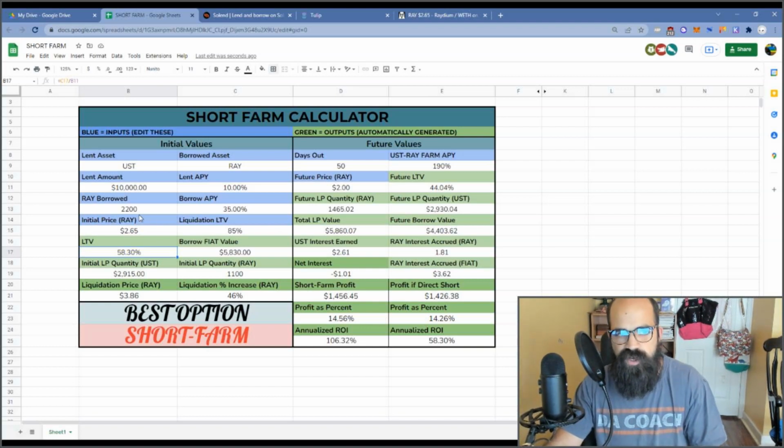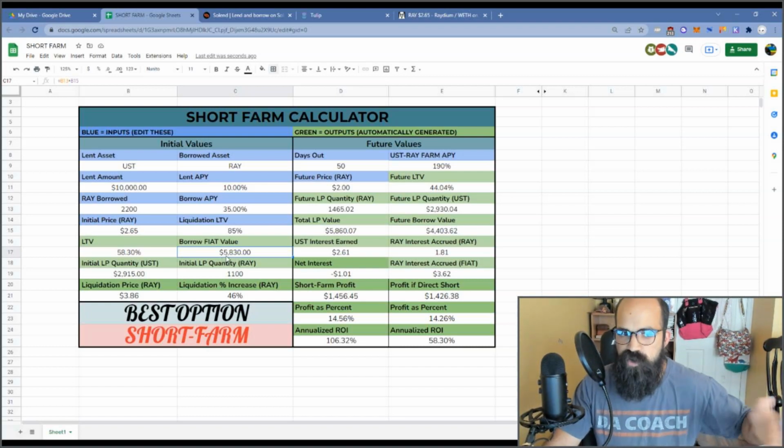So let's say your whole 2,200 Ray that you borrowed ends up being worth virtually nothing. So you pay like $1 to get it all back, and then you repay your loan, and you get to keep the entire borrow as USDC. So you borrowed $5,830 effectively of Ray. You sold it for $5,830. Ray goes to $1 for a whole thing. You spend $1 to buy it back, repay your loan, and you keep all of this.